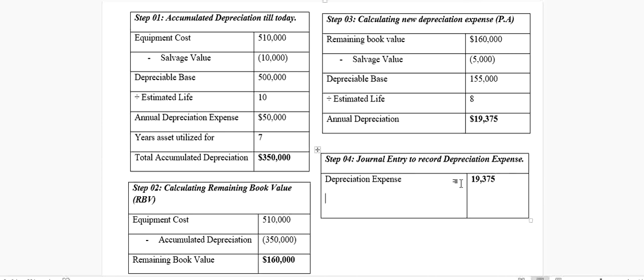While what would be credited, you know from your basic understanding of depreciation, is the accumulated depreciation account. The accumulated depreciation credit would be exactly the same as the depreciation expense. So this would be our entry.